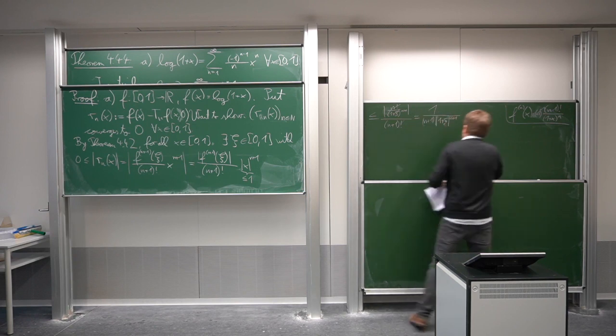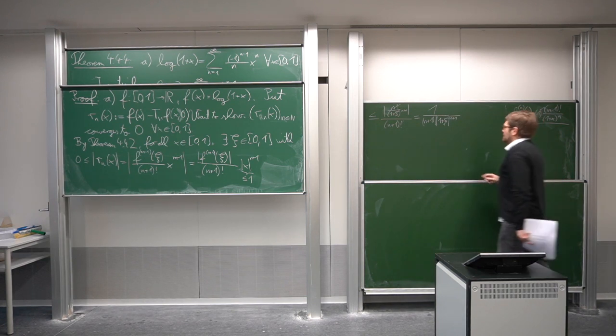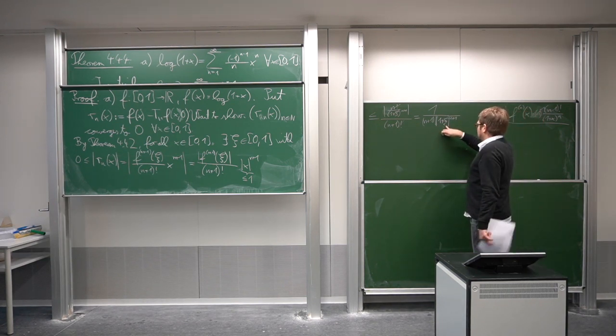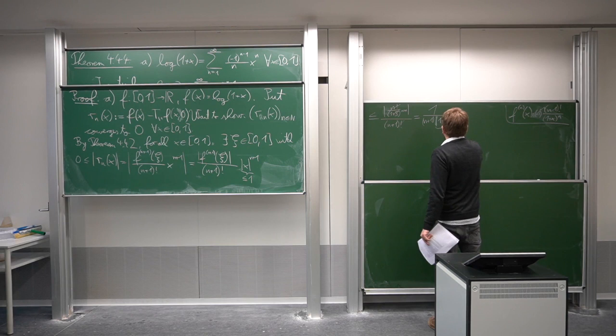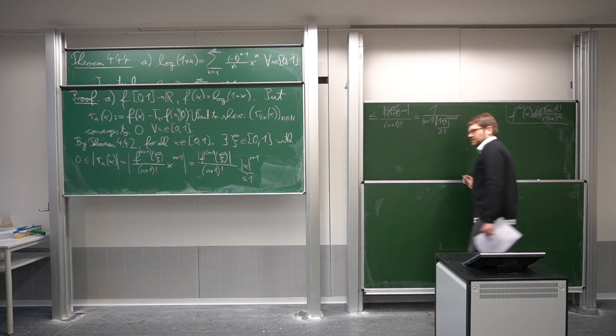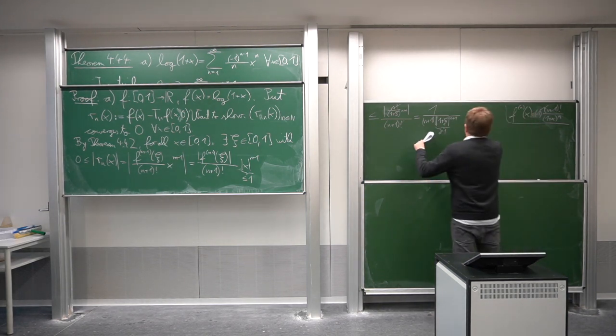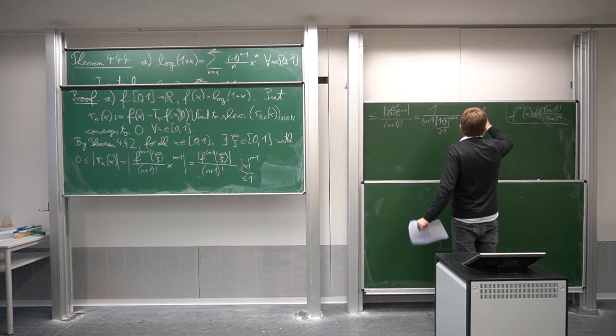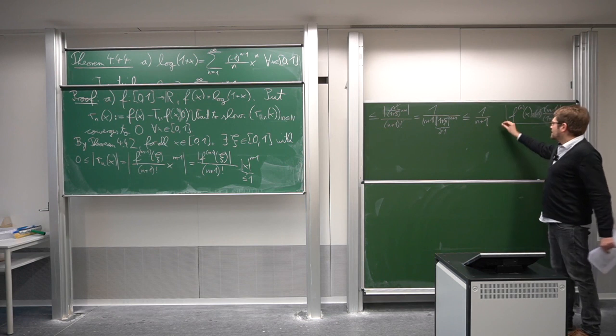And now since psi is between 0 and 1, this means that this here is between 1 and 2, so this particularly means that this here is bigger than or equal to 1. So again, we can estimate this from above by simply 1 over n plus 1, since this is making it smaller.